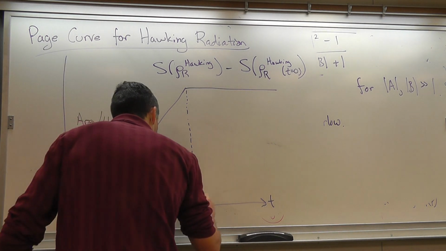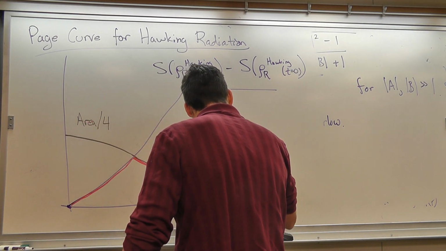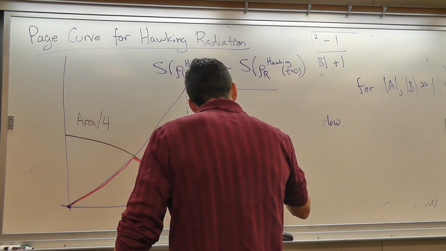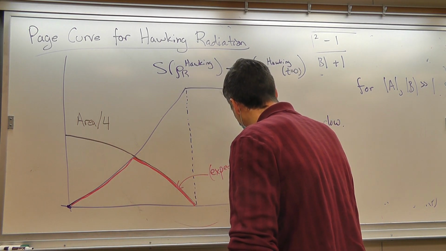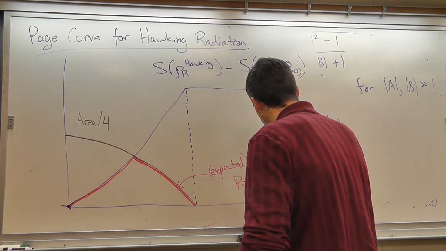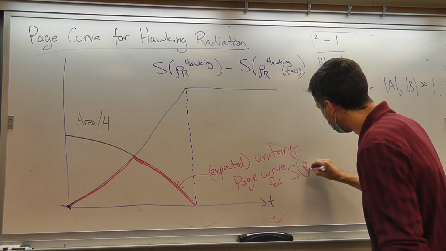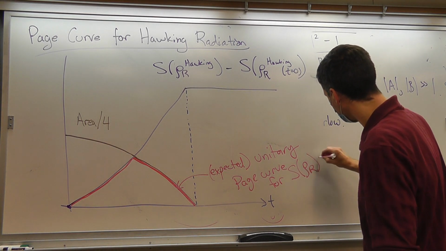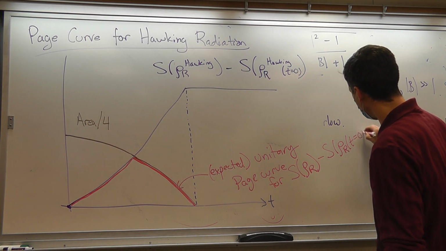So this is the expected unitary Page curve for S(rho_R) minus S(rho_R at t equals 0).